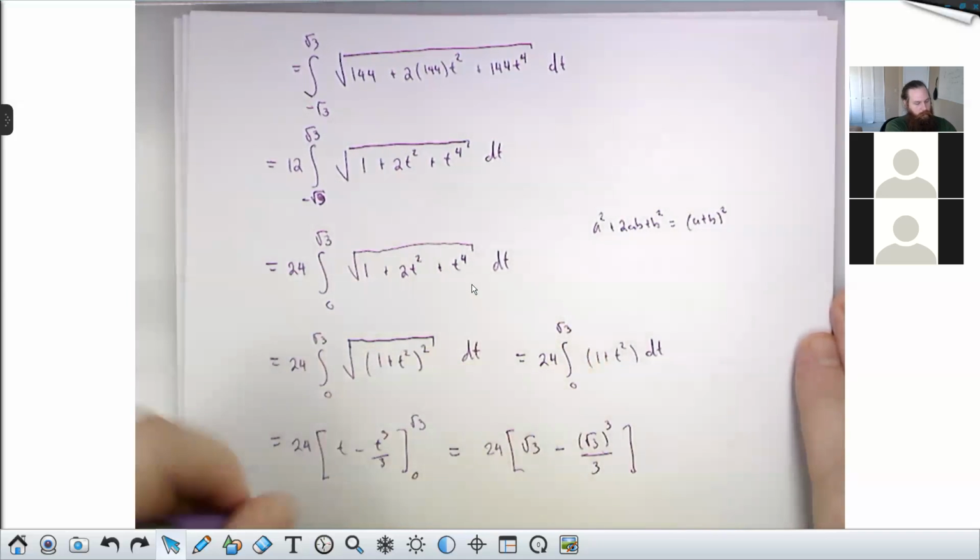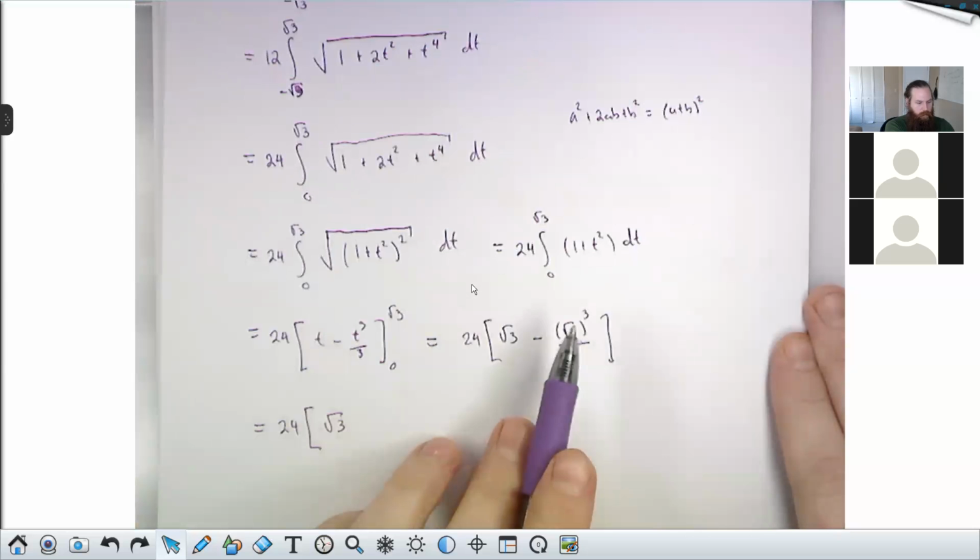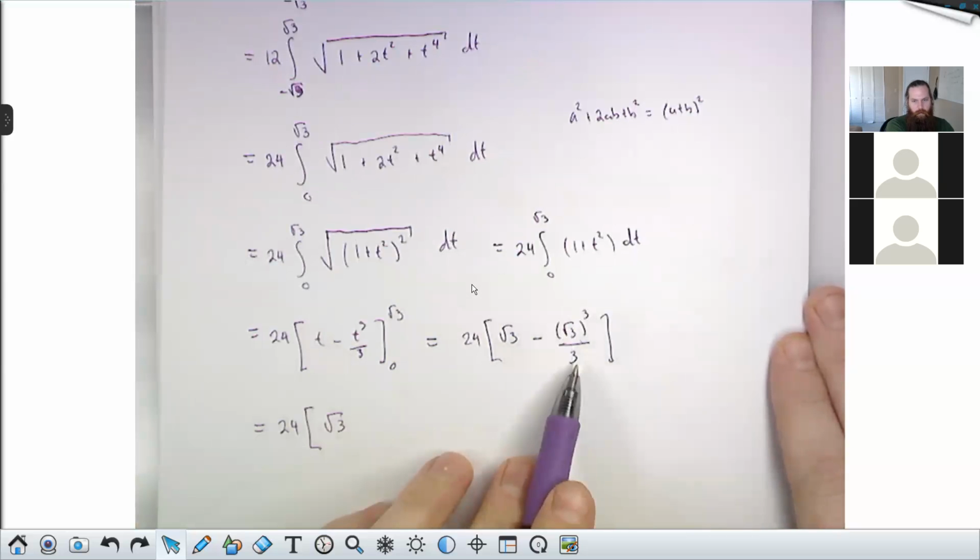And that second piece can be cleaned up a bit. It's 24 times root 3. If you take root 3 and you cube it, you get root 3 times root 3 times root 3. The first two of which, root 3 times root 3, are equal to 3. And you can cancel that with the 3 down here. So you just end up with a square root of 3, right?